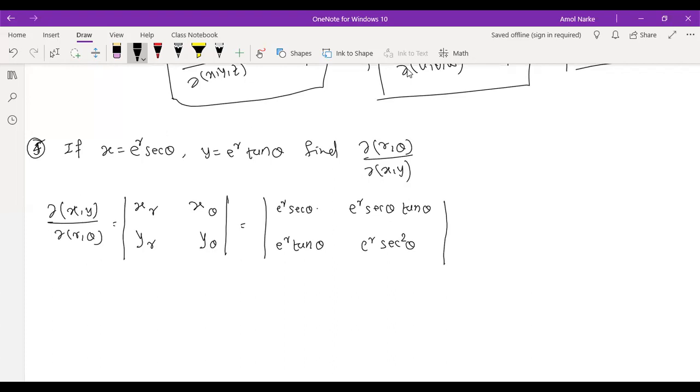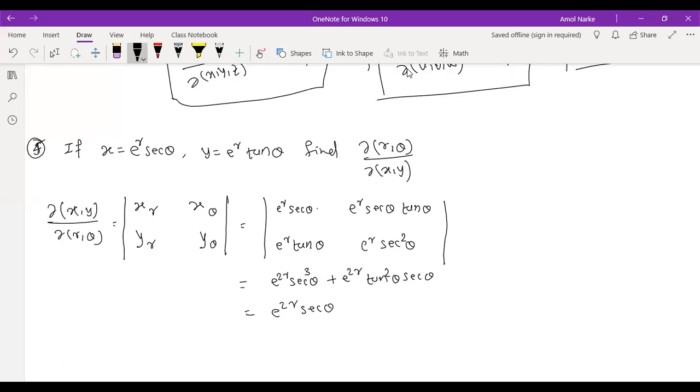Now you can do the calculation. e raised to r into e raised to r gives e raised to 2r sec cube theta, and here also plus e raised to 2r tan square theta sec theta. You can take e raised to 2r sec theta common.